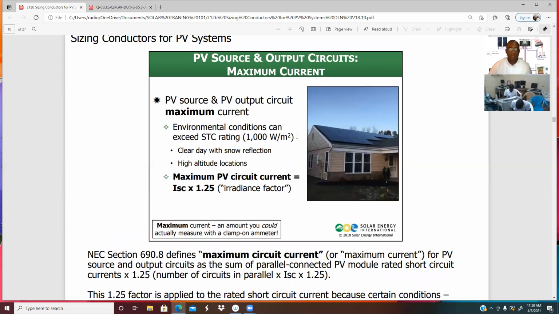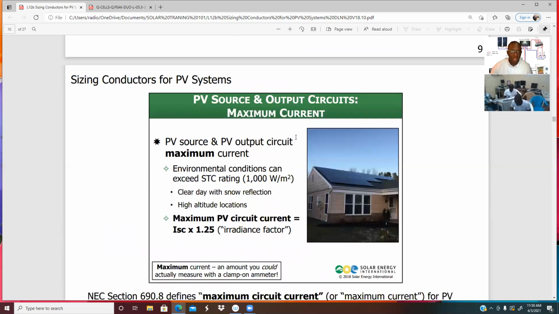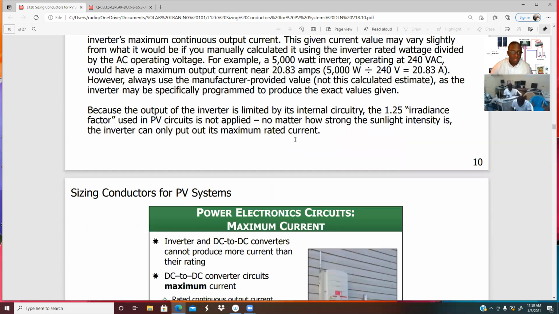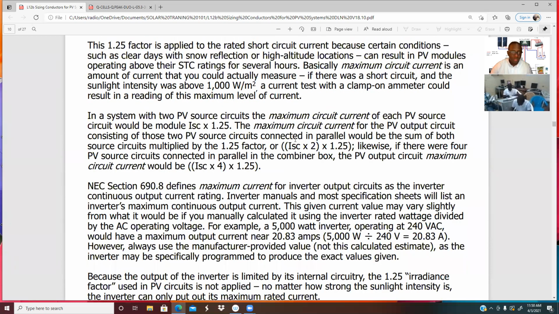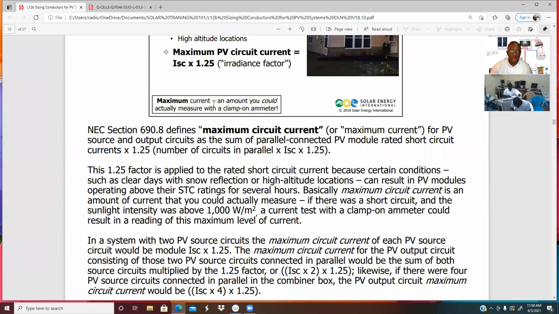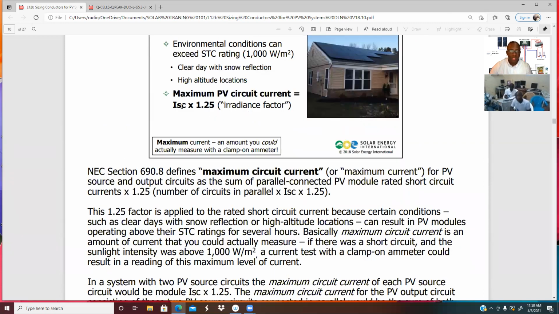On page number 10, we spoke about the maximum current. The maximum current is an amount you could actually measure with a clip-on meter, you can use that. But the maximum PV source current equals the Isc times the 1.25 irradiance factor. So we already did this. That's what we did yesterday.